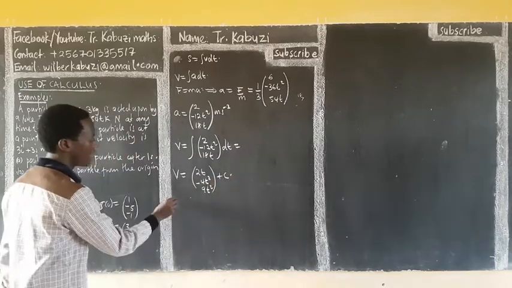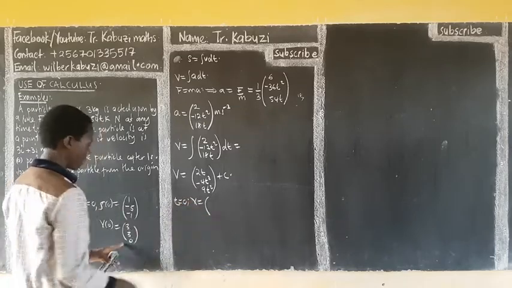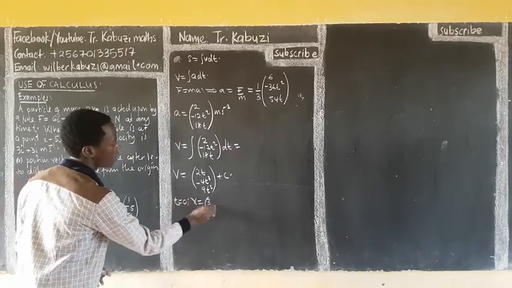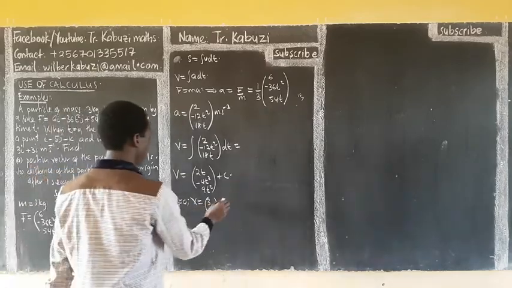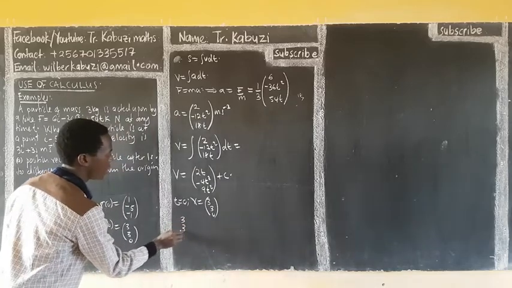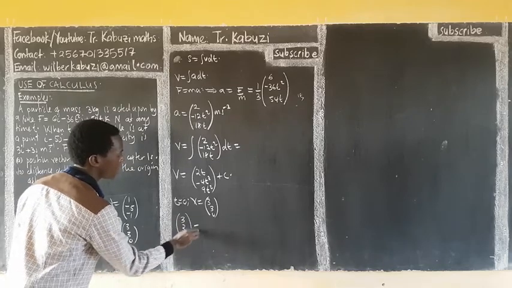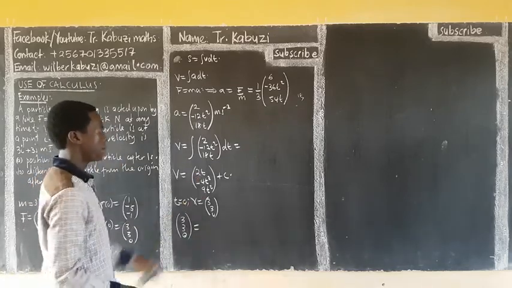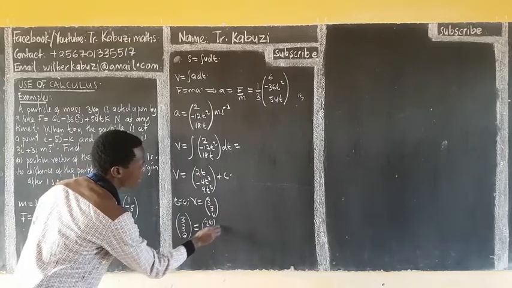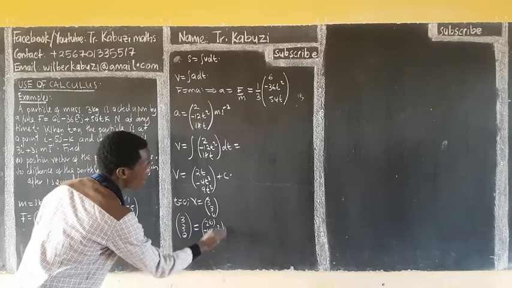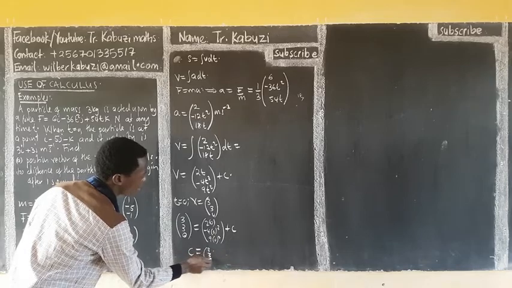So we need this c. When t is 0, our velocity was 3, 0. So 3, 0 is equal to, when t is 0, 2 times 0, -4 times 0 cubed, 9 times 0 squared, then plus c. This implies that c is going to be 3, 0.